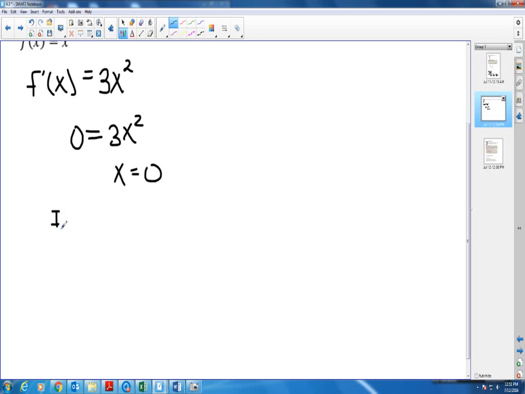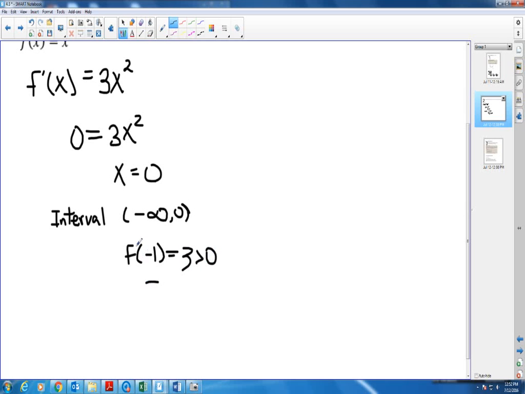So if I look at the interval to the left of my critical value, that will be from negative infinity to 0. If I substitute negative 1 in here, negative 1 squared times 3 would be positive 3, which is greater than 0.